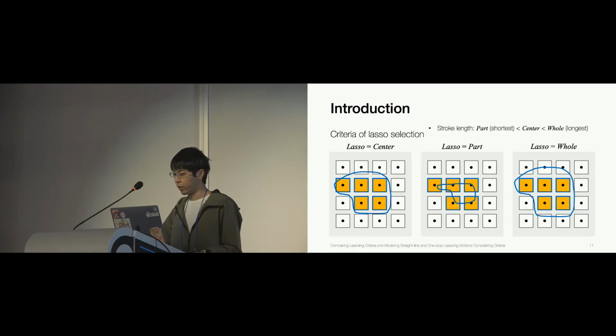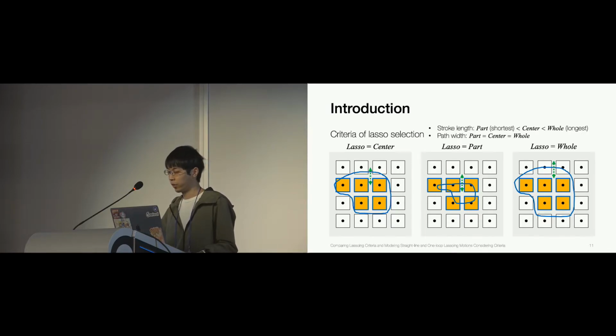The shortest stroke is that of the part criterion, and when visualizing the path width users can steer through on each criterion, it becomes a green arrow. The path width is shifted by each criterion, but the length is always the same.